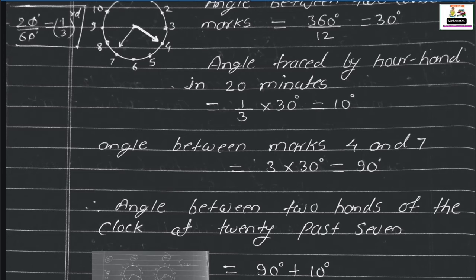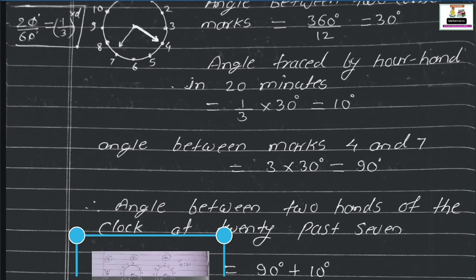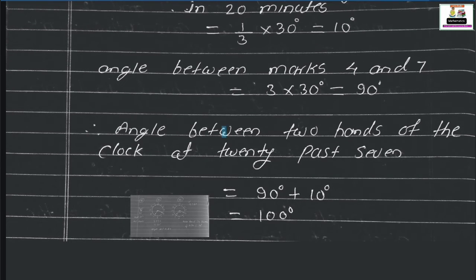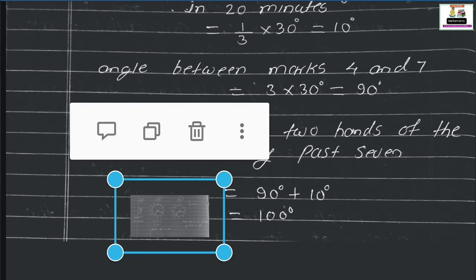And next, the angle between two hands of the clock at 20 past 7 is 90 plus 10, we get 100 degrees. Let's see here.